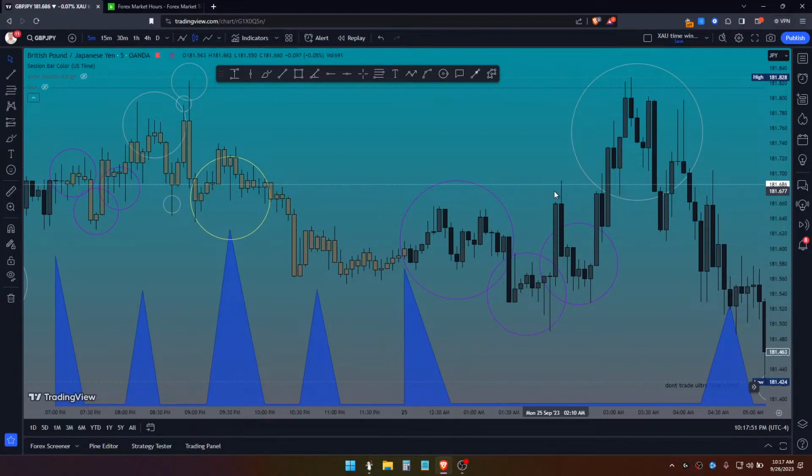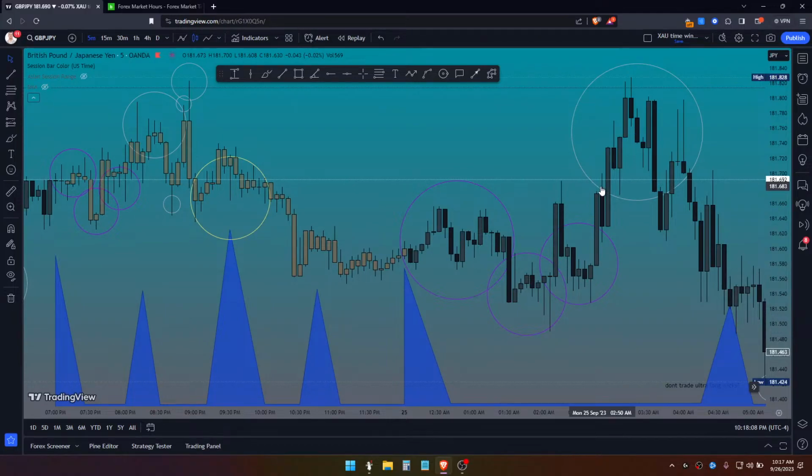Got some wicks there too. Another drop down, another low point over here on the right side of that drop, then a pull back up. You can see that here too.